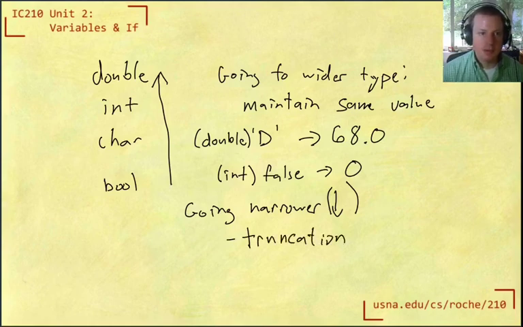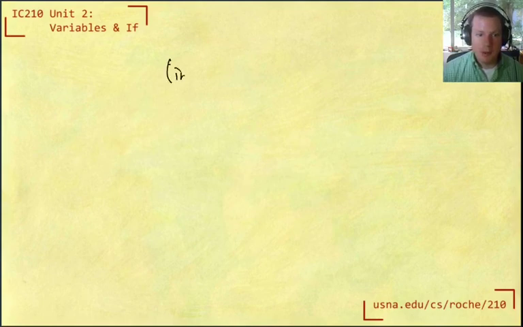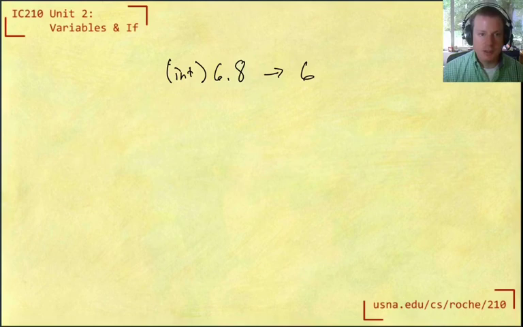So let's see some examples of what that means. If I convert a double to anything, it's just going to drop the floating point. If I say what happens if I cast 6.8 from a double to an int, that's just going to give me 6. Because it's truncating, it's just dropping off everything after the decimal point.